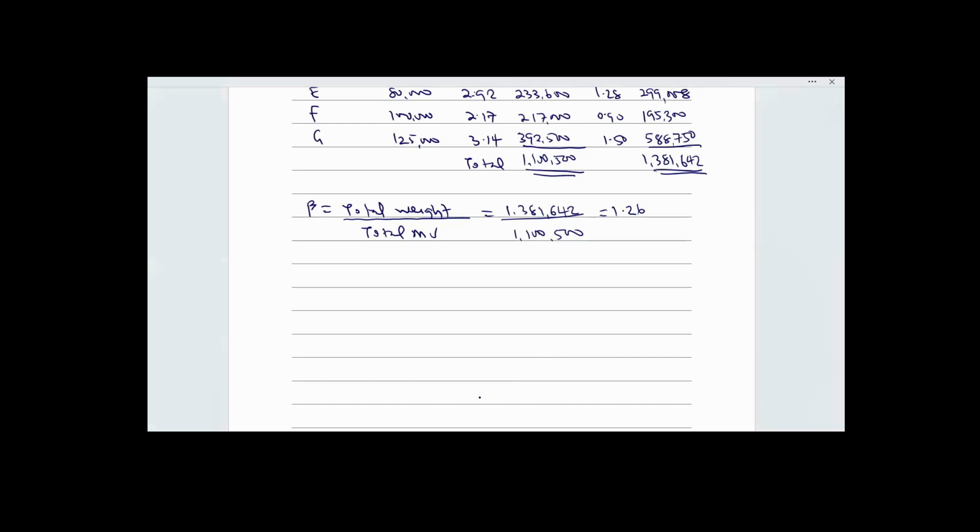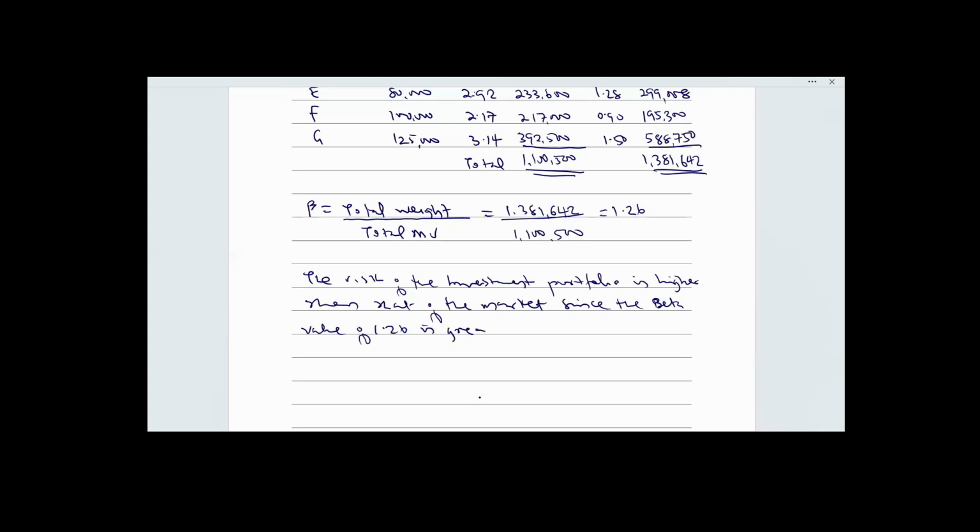So I would then say the risk of the investment portfolio is higher than that of the market, since the beta value of 1.26 is greater than 1. That's that.